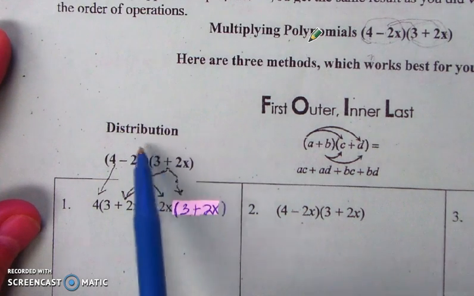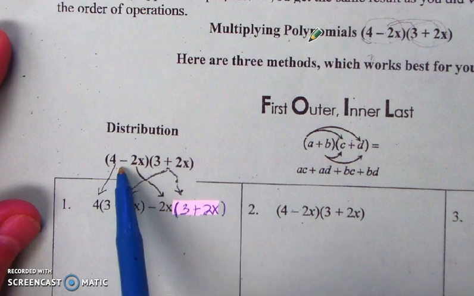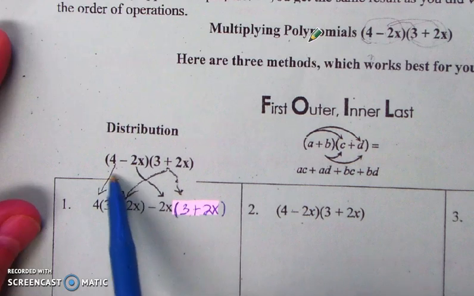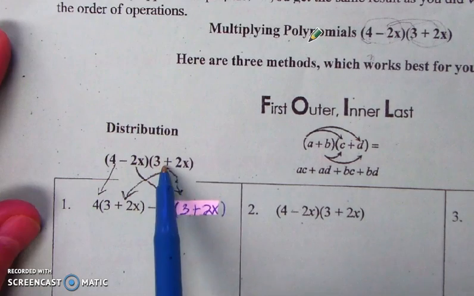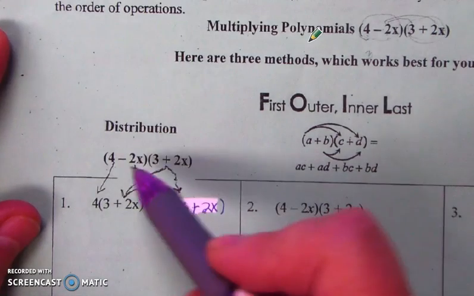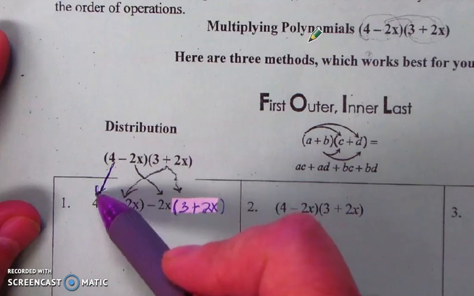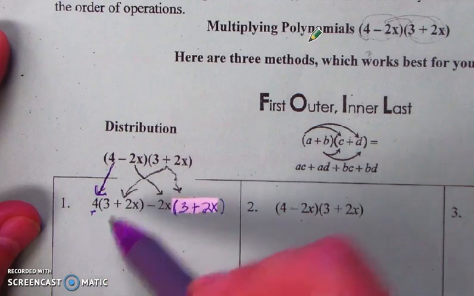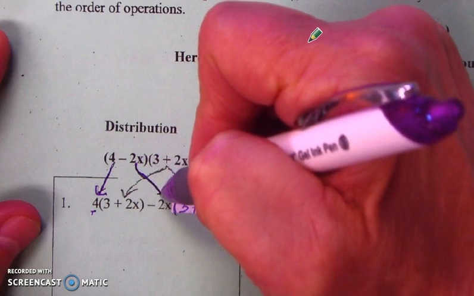So the distribution method says that I start with this quantity, 4 minus 2x within this parentheses, 3 plus 2x within this parentheses. And distribution means I take this first one apart. The 4 is going to go here, so there's my 4. And this negative 2x is going to come over here.